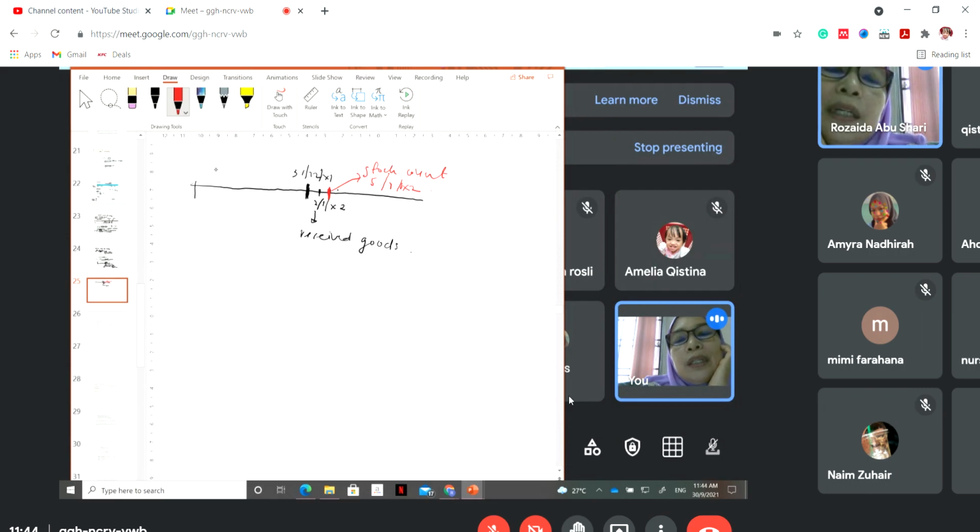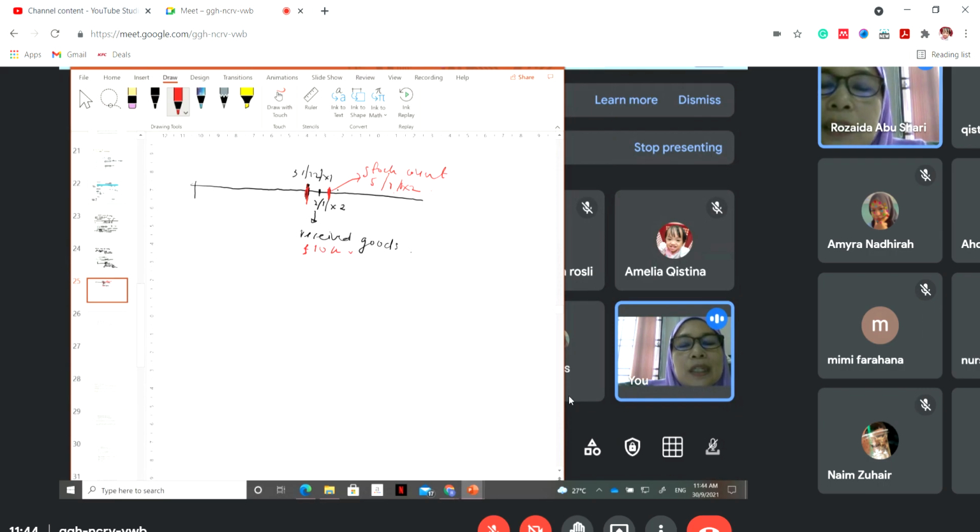So when the counting happens, the stock on 5th of January. So the amount here, received goods of 10,000.